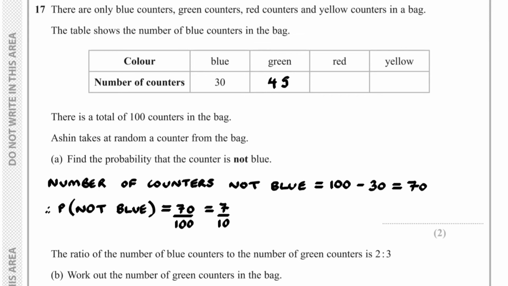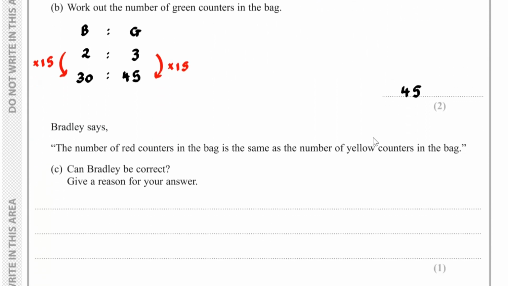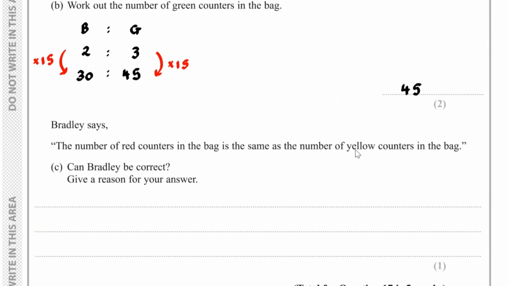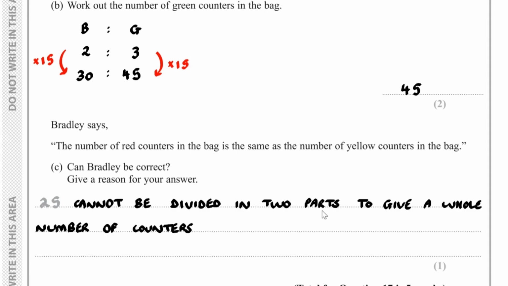So that means the total for red and yellow is 100 take away 30 blue, take away 45 green, which is 25. So if we have the same number, well, that 25 cannot be divided into two parts to give a whole number of counters.